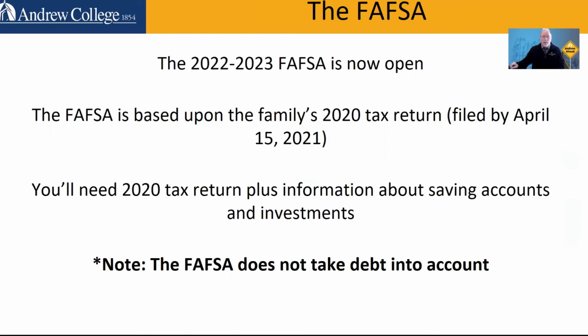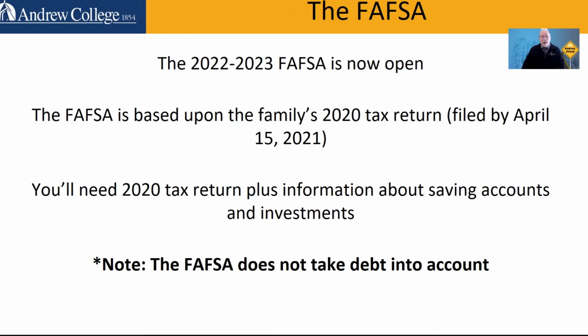It's what's known as prior-prior year. It used to be you couldn't file the FAFSA until after January the 1st because you needed to have your taxes done for that year. This changed under the Obama administration. So the 2020 tax return that was filed by April 15th, 2021 is what you'll be using.